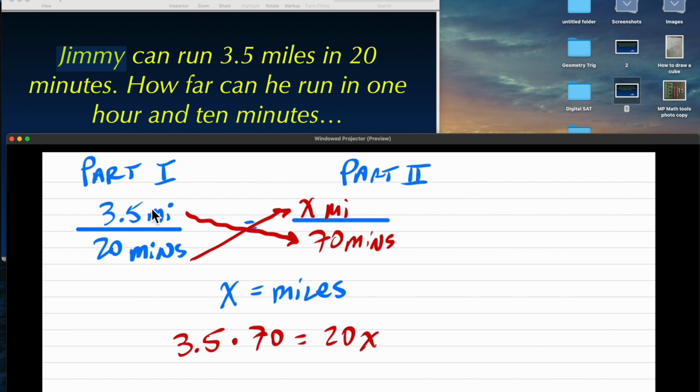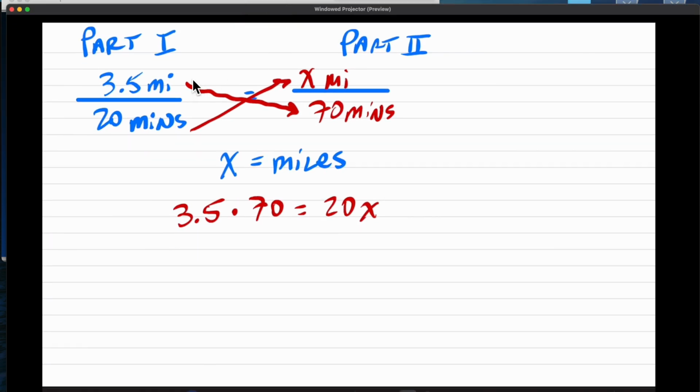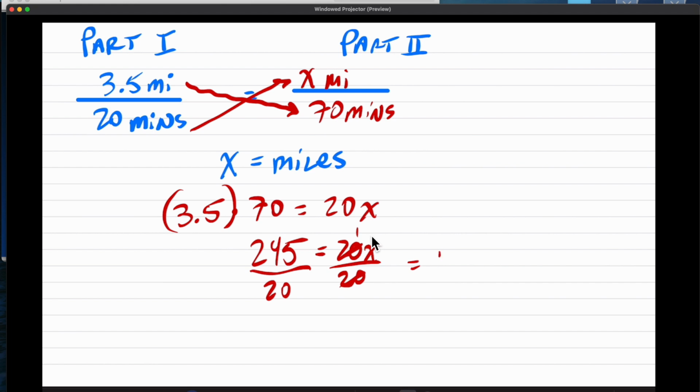Once you have your units set up in your part 1 and part 2, you don't need to bring the units down into this equation. So we're simply going to multiply 3.5 times 70, that's 245 equals 20x. We're going to divide both sides by 20. 20 over 20 is 1. And 245 divided by 20 is 12.25.